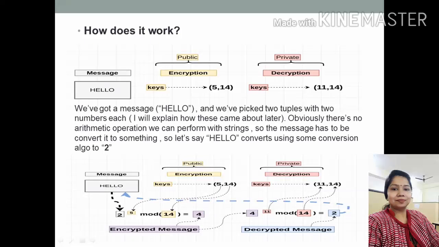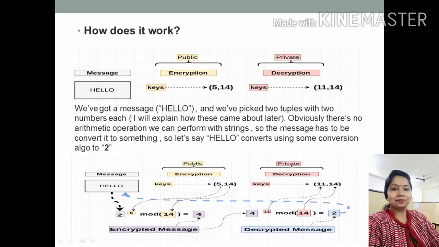In the figure below, it is shown that hello is depicted by 2, and how the 5 and 14 are used in the encryption formula to give an encrypted message, that is 4. That means hello is converted into 2, and then it is encrypted and it makes the value 4.